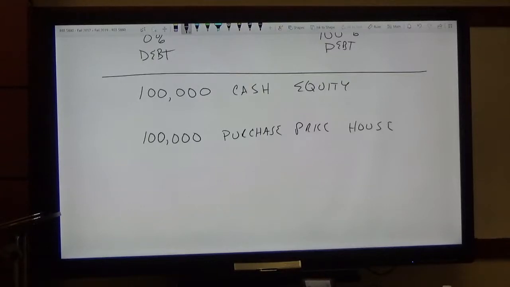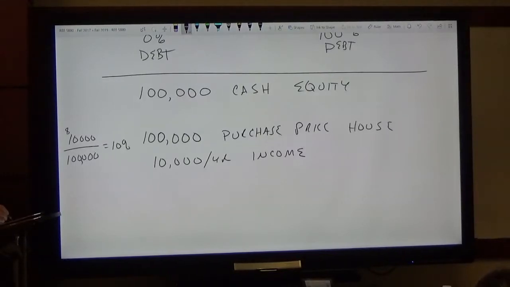The house is throwing off, after taxes, $10,000 a year of income. That's $10,000 a year divided by the amount you paid on the property, a 10% rate of return. Everybody understands that? Yes or no? Okay, all equity deal, all cash deal.